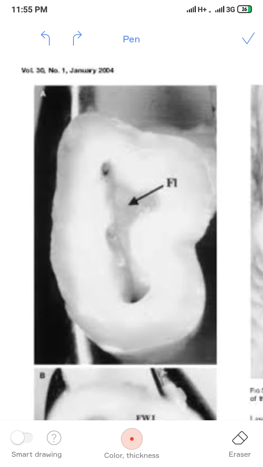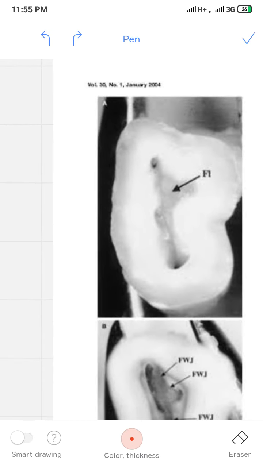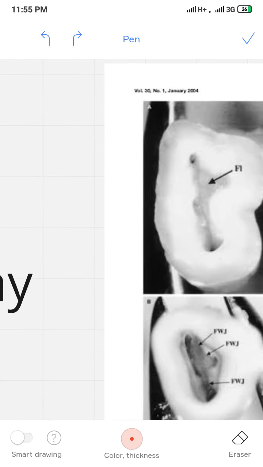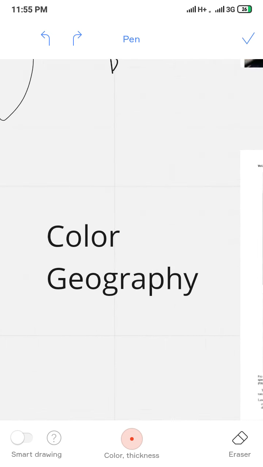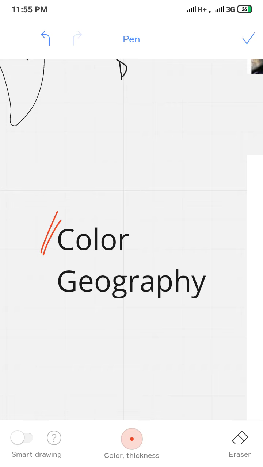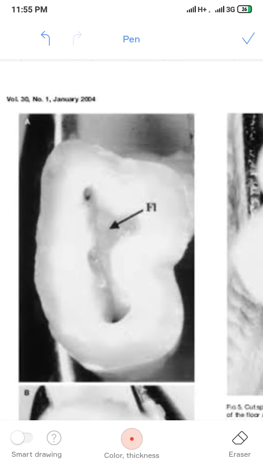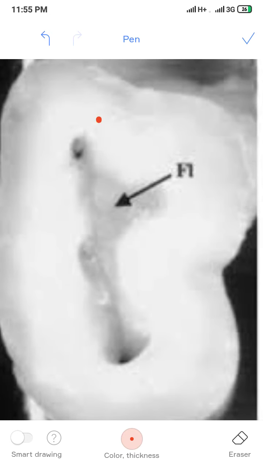Well, first of all, look at the pulpal floor, and just by looking, two things will give you clues as to where the canals are. Those two things are these: color and geography. Color is that simply by looking at the pulpal floor, you can see that there is a sharp color difference, right?